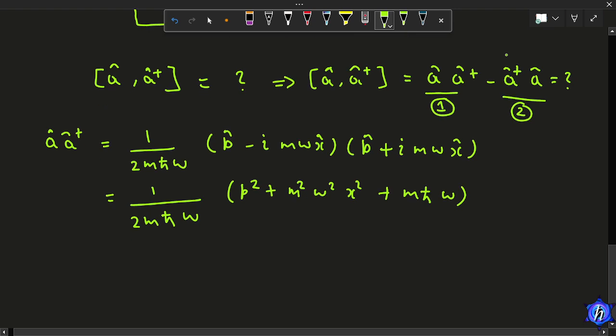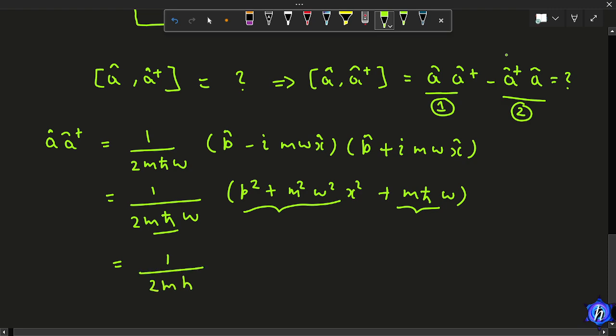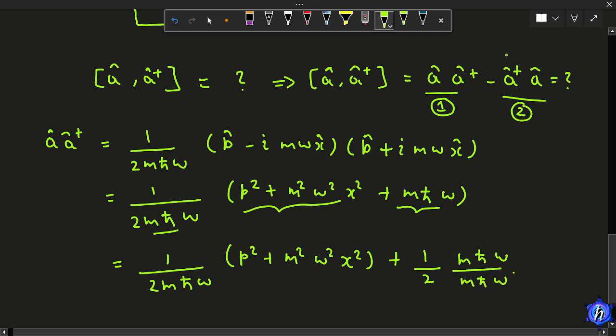I'll take this to be one term and this to be the second term and multiply so that this cancels out. We are left with half over here. I'll call this equation 1.10.